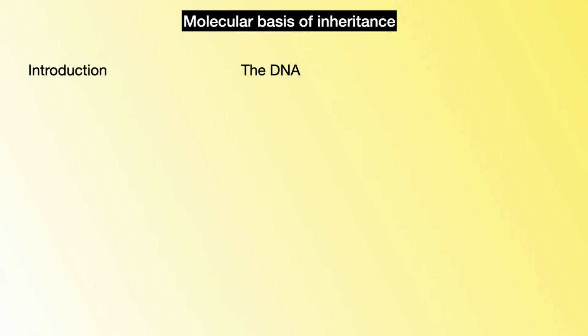In RNA, we have adenosine monophosphate, guanosine monophosphate, cytidine monophosphate, and uridine monophosphate. In DNA, we have deoxyadenosine monophosphate, deoxyguanosine monophosphate, deoxycytidine monophosphate, and deoxythymidine monophosphate.